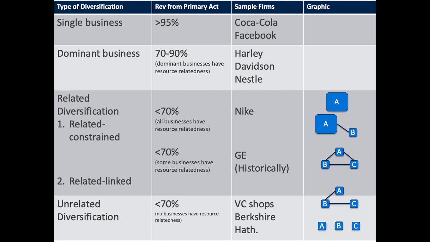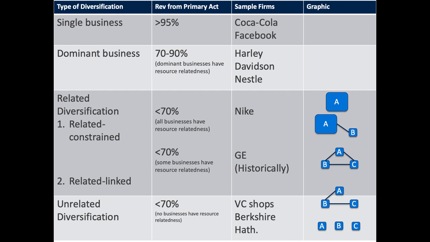Related linked means that some businesses have resource relatedness, but more of the focus is using particular competencies and knowledge of human capital across the business. GE historically has been a good example of this. Some of their businesses were very resource related. For example, they had an aviation division that makes jet engines, and a utilities division that makes gas-powered turbines.